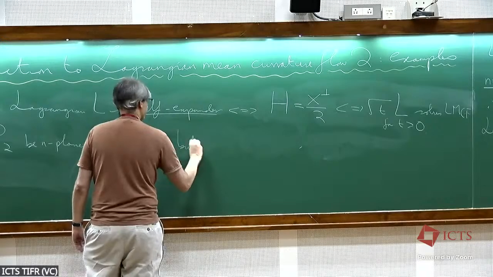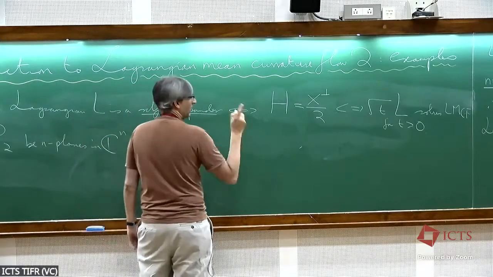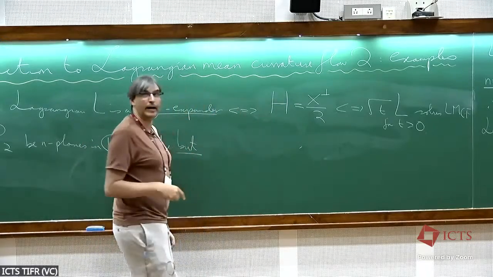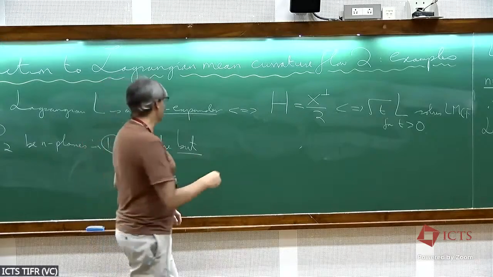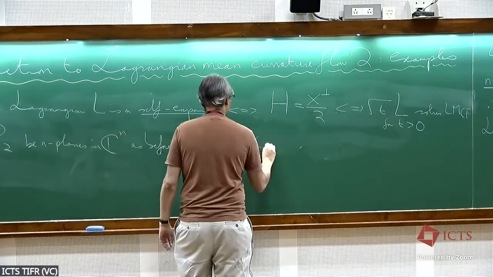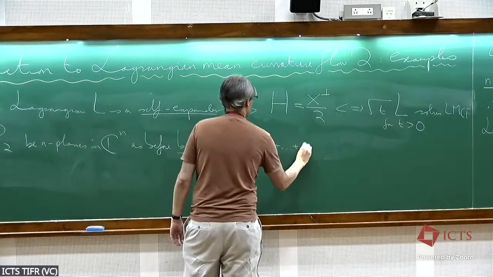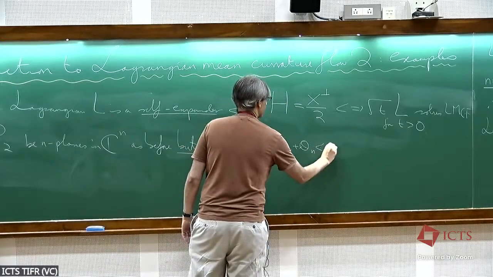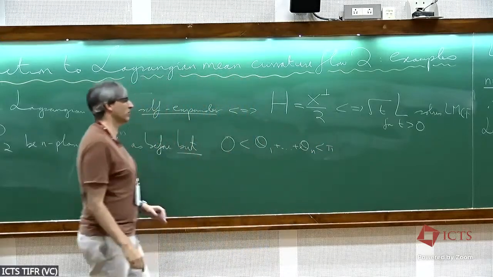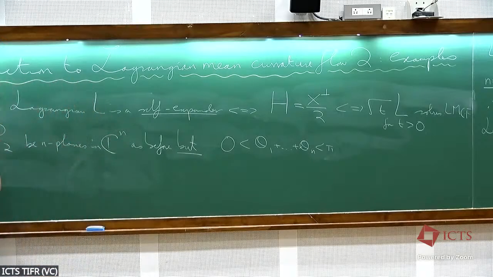But now I don't have that the angles add up to pi, but I have them add up to something strictly less than pi. So rather than them equaling pi, I have them something strictly less than pi.